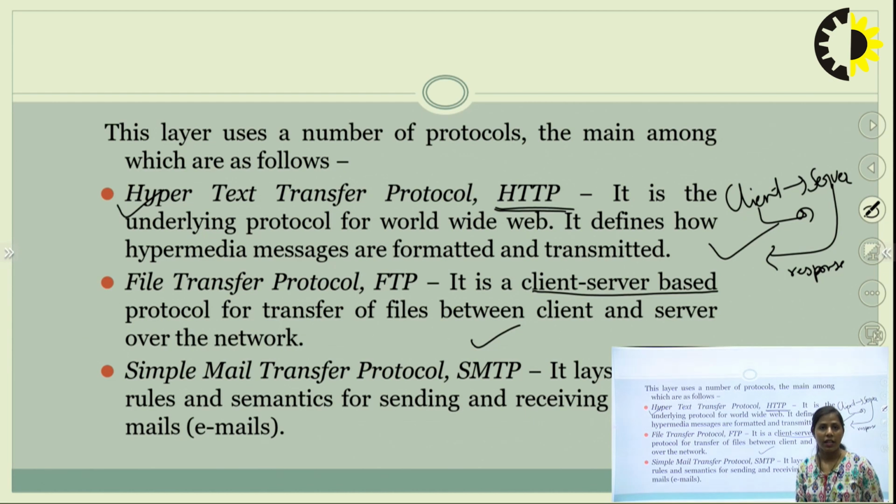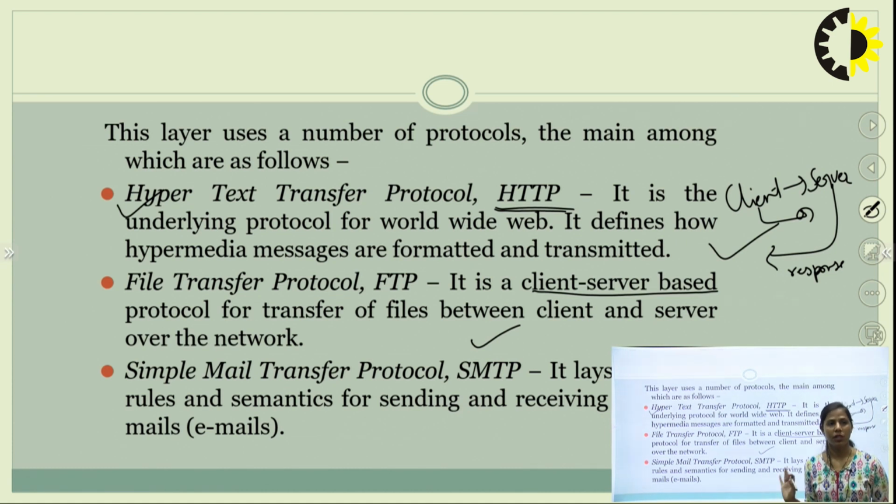Next is very important and very useful nowadays: SMTP, the Simple Mail Transfer Protocol. Simple Mail Transfer Protocol helps in sending and receiving mails. We always use mail communication, transferring one mail to another. So which protocol is behind that?